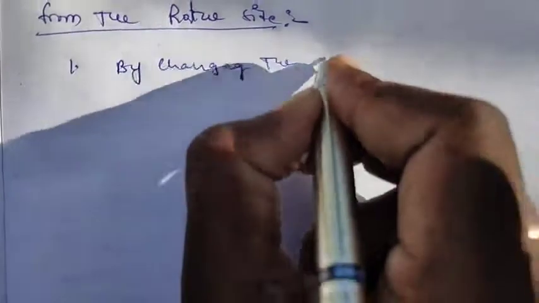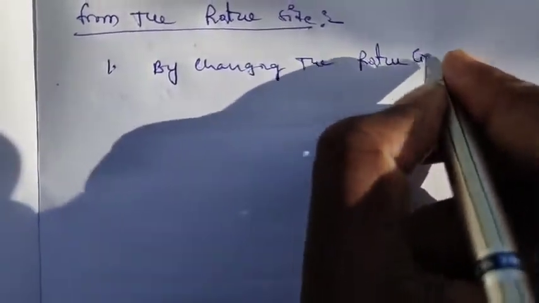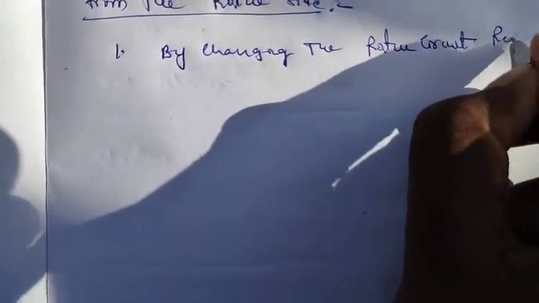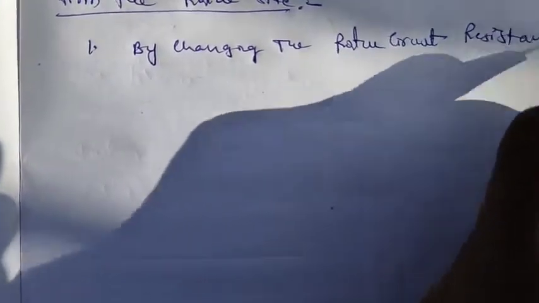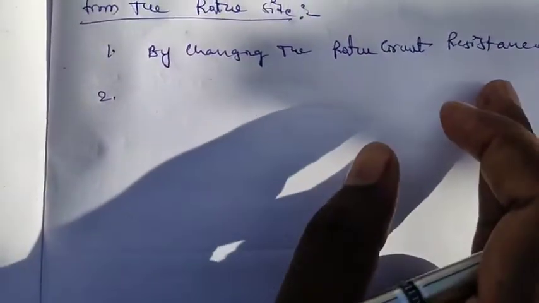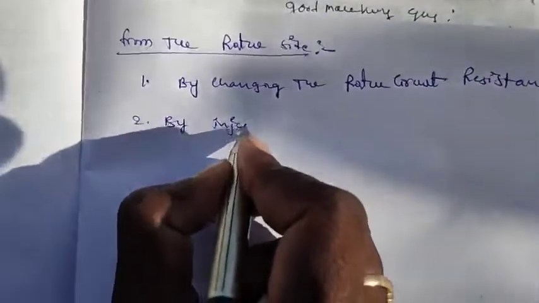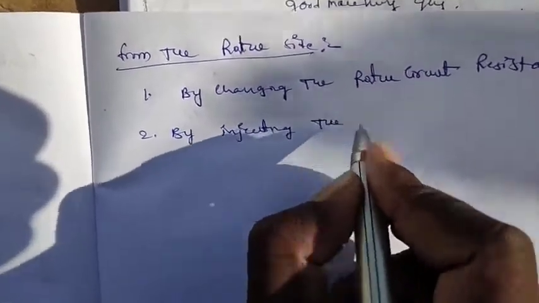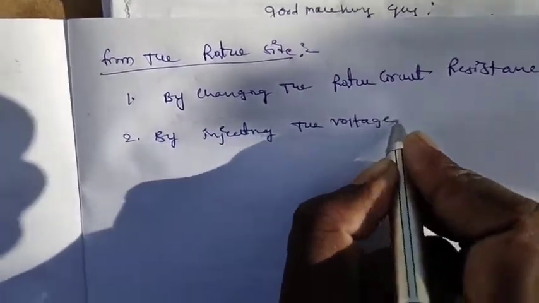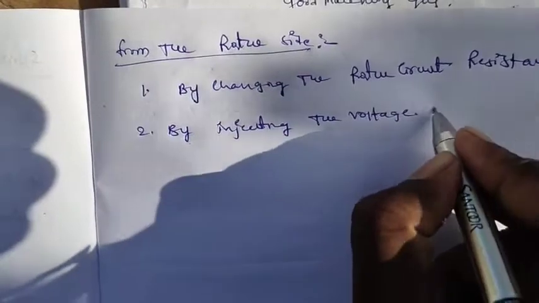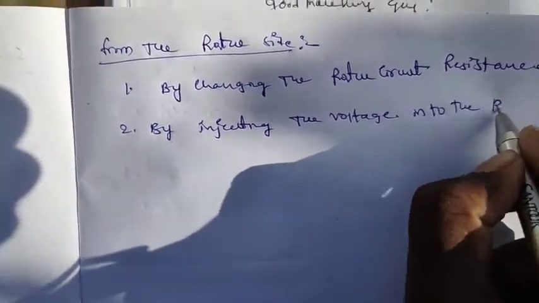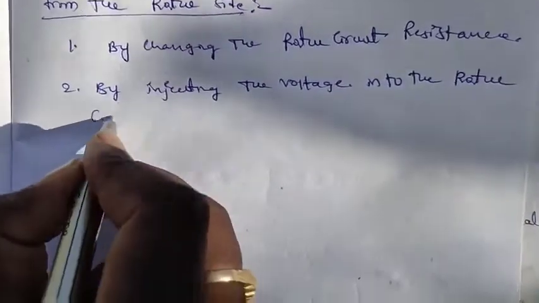When the resistance is changed, the torque of the machine changes, and the speed of the machine also changes. Another is by injecting voltage into the rotor circuit.